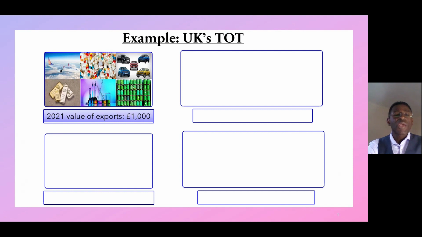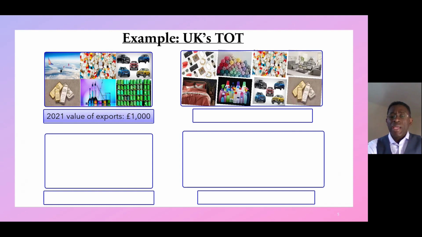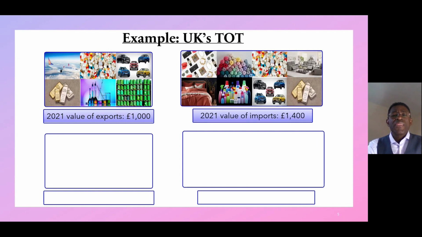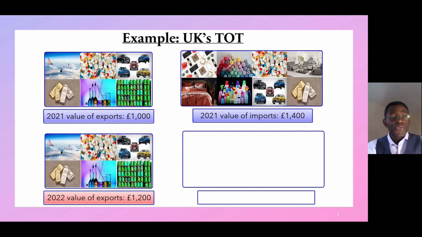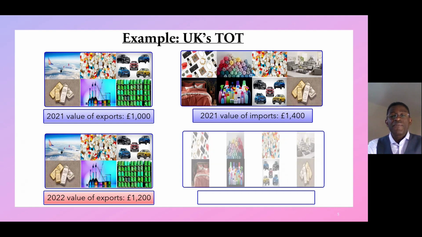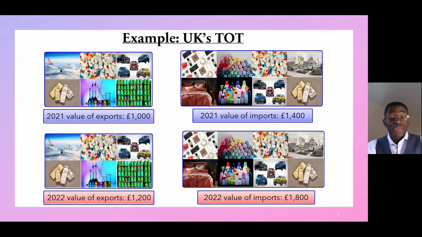And in 2021, the value of the UK's imports was £1,400. Now, in 2022, the value of the UK's exports was £1,200, and the value of the UK's imports for 2022 was £1,800. Using this information, we should be able to calculate the UK's terms of trade for the year 2022.